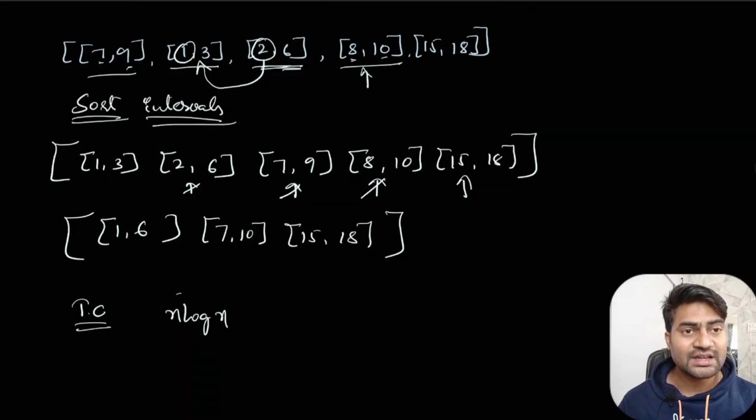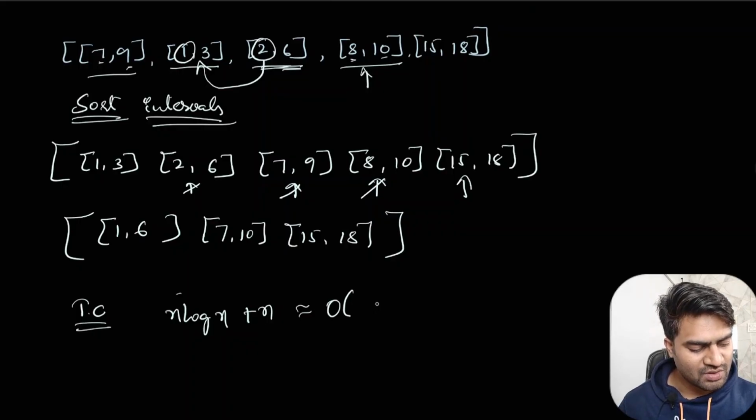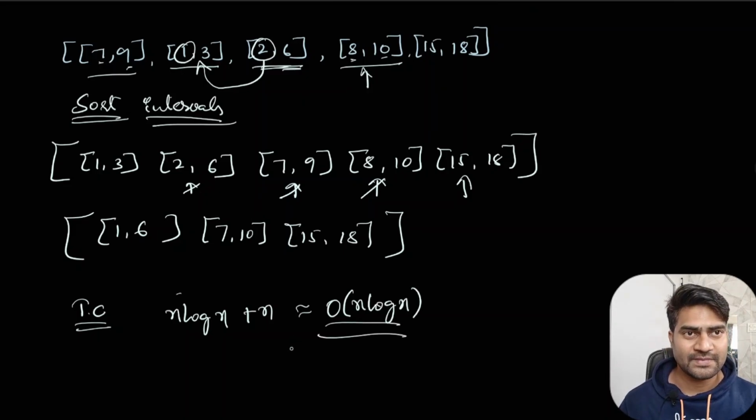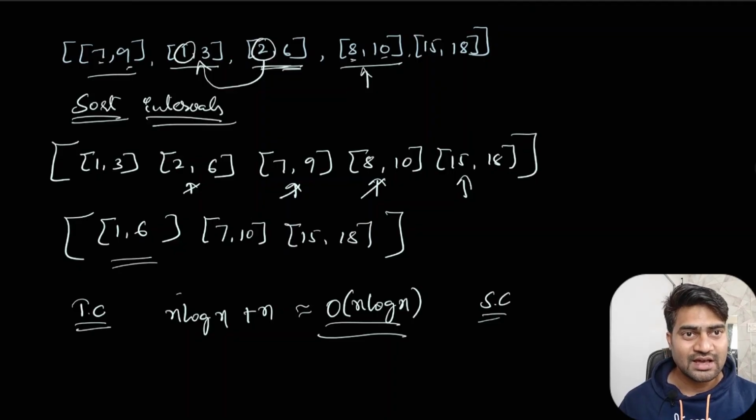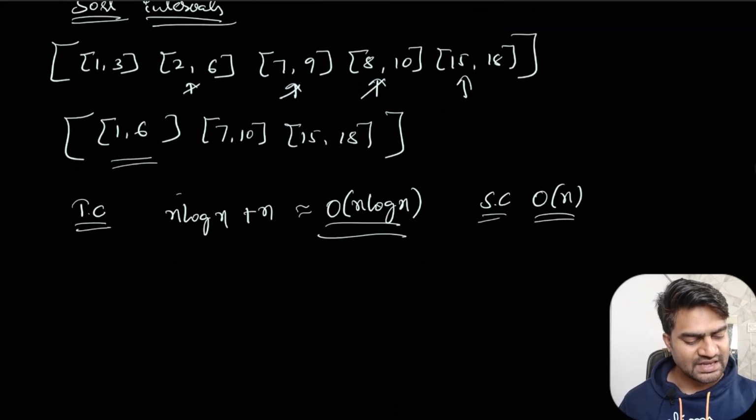Then in the second iteration, we processed all the elements, so that will be another n. So it will be of order n log n time complexity. Correct, right? And what is the space complexity? We are using only this extra array, which is of order n. So this is basically the time complexity and space complexity.